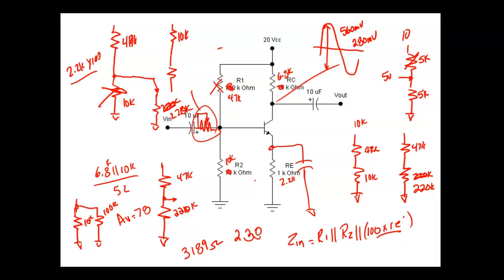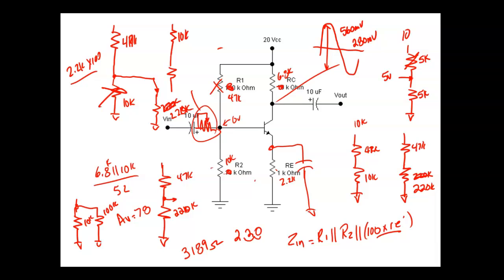Is there any way current can get through these two resistors right here? Is there any path up to there? No. So what would my base voltage go to? 0. What would the transistor do? It's going to cut off.